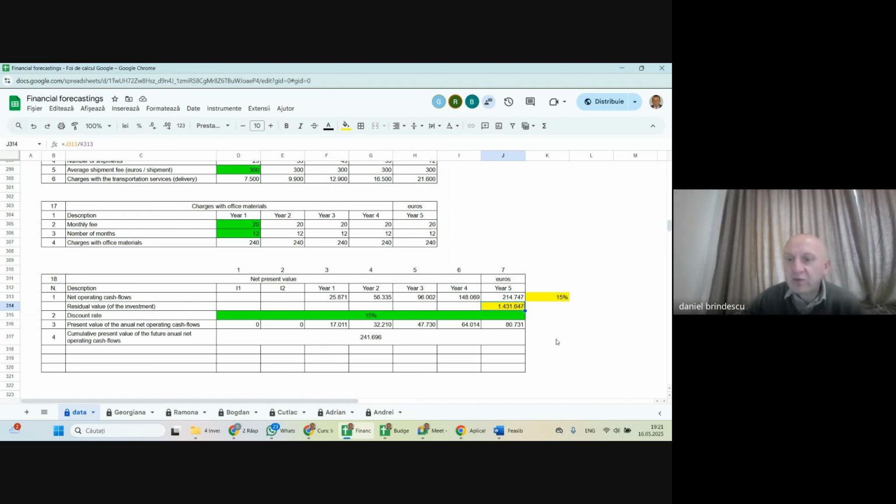€1,431,000. So if I were to pay €1,431,000 at 15% return per year, I would get a net operating cash flow, annual net operating cash flow of 214,000, as you can see. Now, again, this is the most commonly used method for estimating the residual value of the investment at the end of the forecasting period.